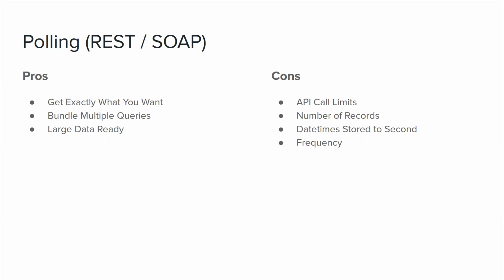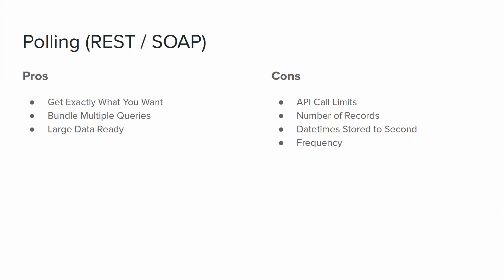If you're using the bulk API, you can get lots of data back with it. It's going to be less real time with the bulk API because it is a transaction, you do have to request, wait for it to return and come back. But you can get a lot of data back. Some of the cons: if you're on a smaller org, your API call limits are going to be smaller, because your API call limits are based on the number of licenses you have.